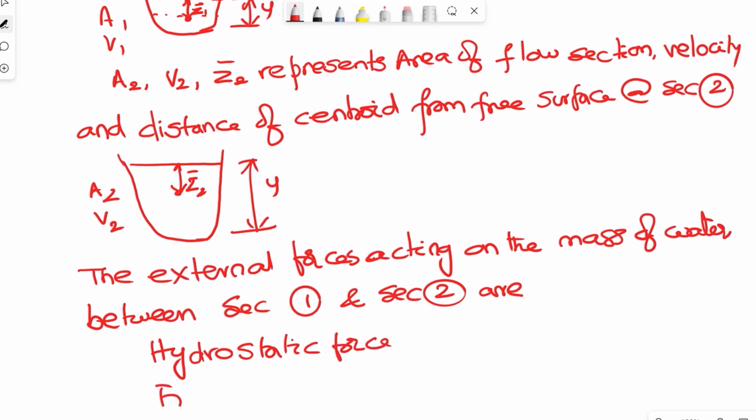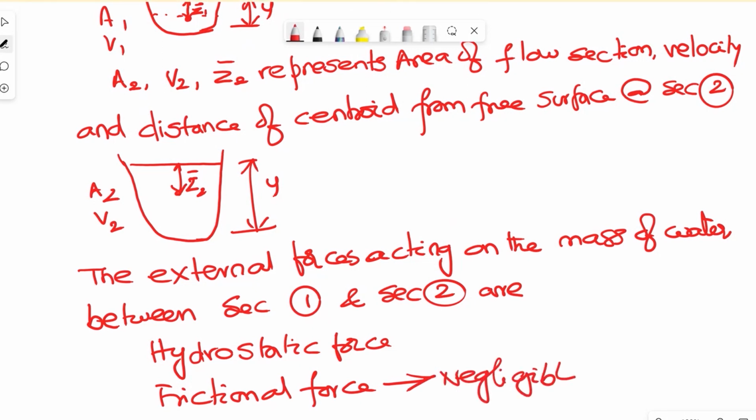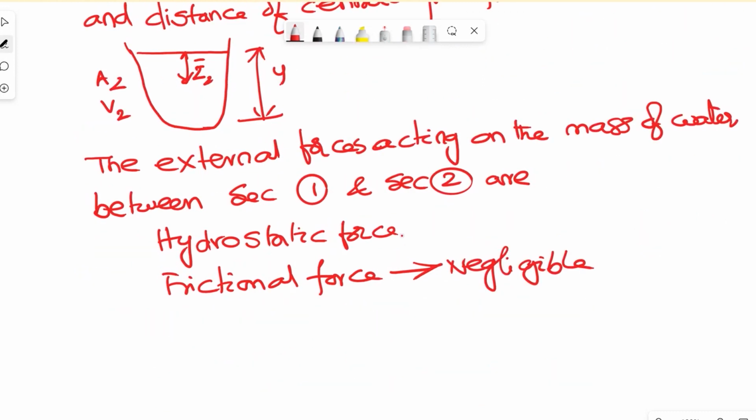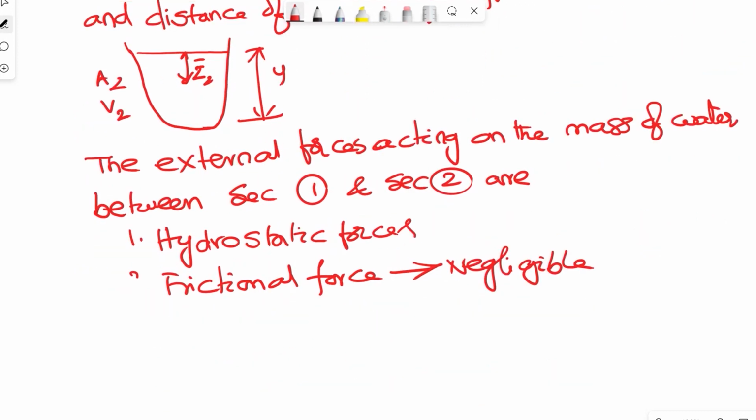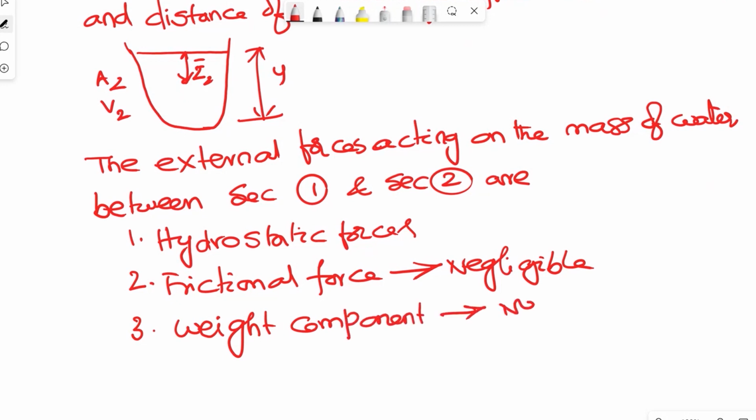We have assumed the frictional force negligible. The weight component is also negligible.